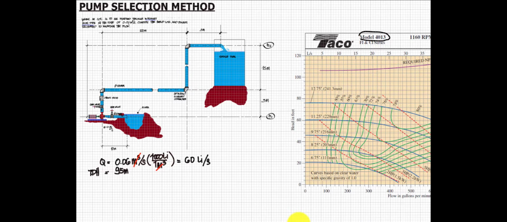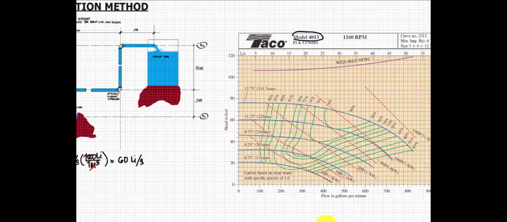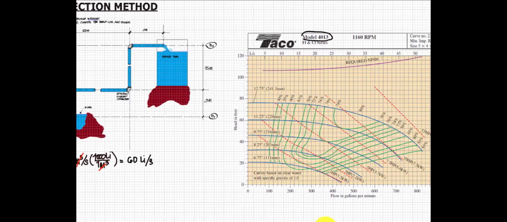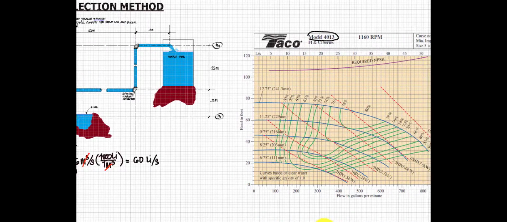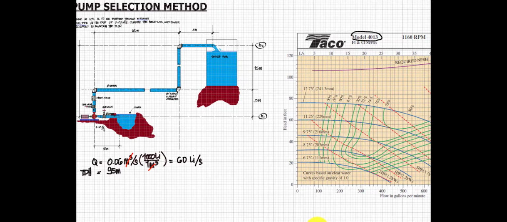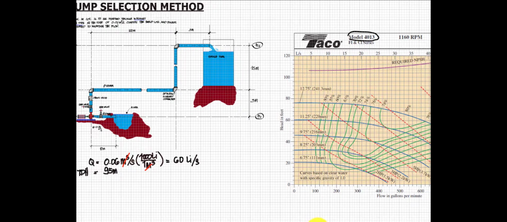So this is not enough. If you're going to select the pump, please don't select this one. It will not provide you a good flow rate, and it will also not provide you the required total dynamic head. So please don't use this type of pump.